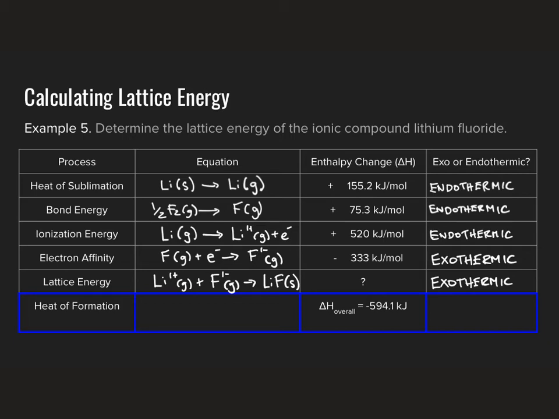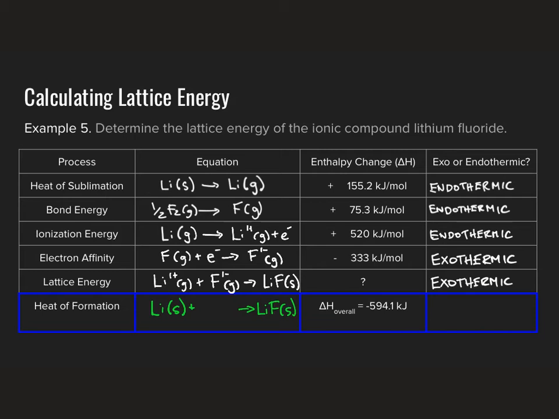So I'm going to write as my product the compound I'm looking at forming, which again was the lithium fluoride. And to make 1 mole of lithium fluoride, I need 1 mole of lithium atoms as a reactant, because 1 mole of lithium fluoride has 1 mole of lithium atoms in it.